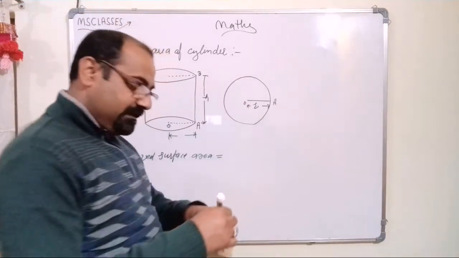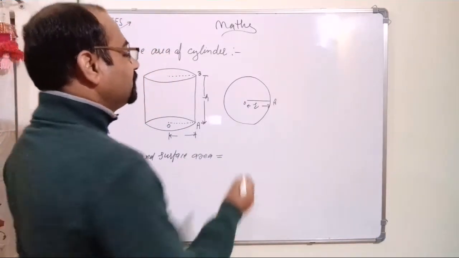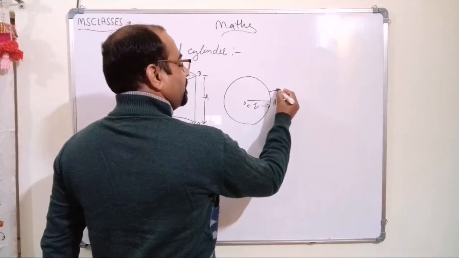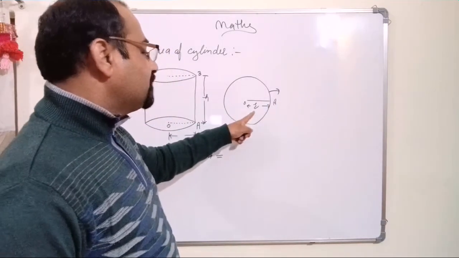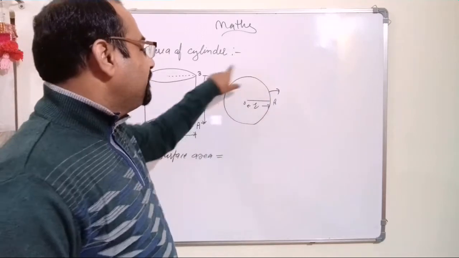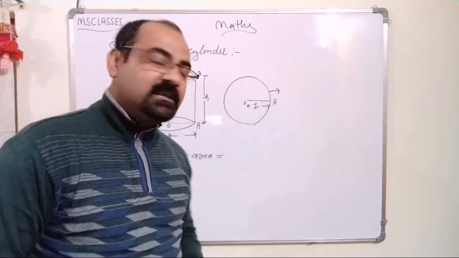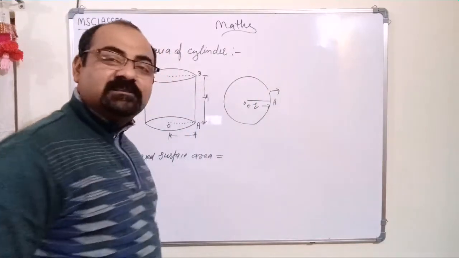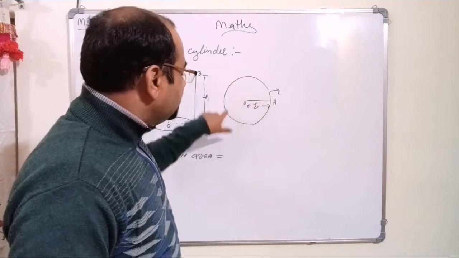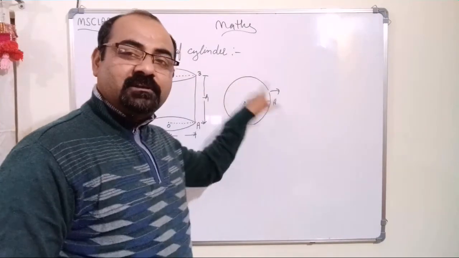So first of all, to get the curved surface area, we need the radius of the circle and the circumference of the circle. Circumference means the length of the base, the length of the whole circle.